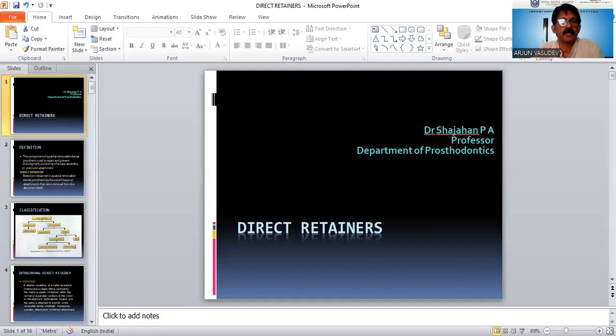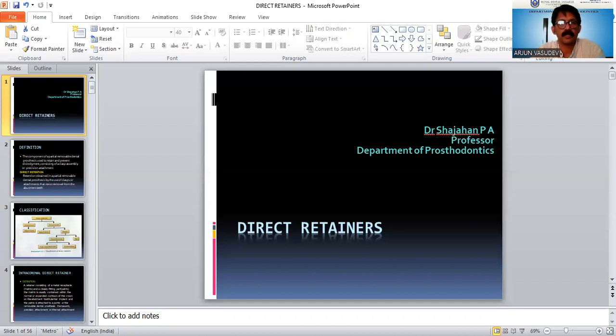Three parts of retentive arm. Terminal third is flexible and engages the undercut area. Middle third is of limited flexibility, and so this is a direct retentive arm.